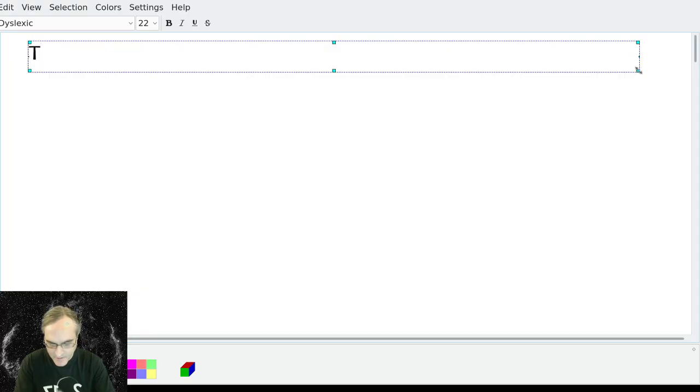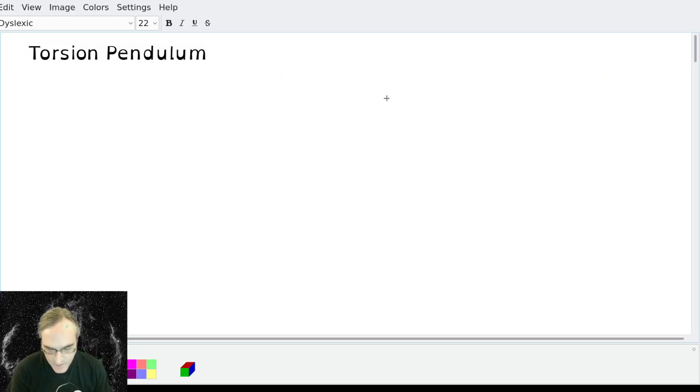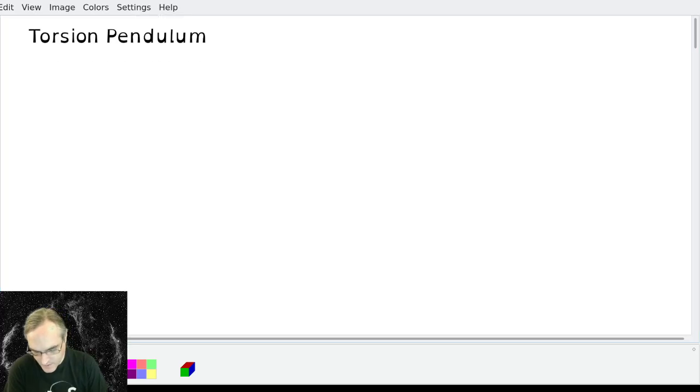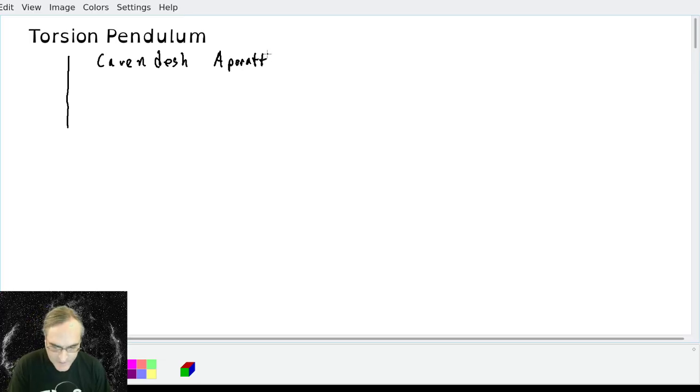Current topic, torsion pendulum. When we talked about gravitation, I did talk a little bit about the Cavendish device, or Cavendish apparatus. I'm misspelling it horribly, so I'll go with device.